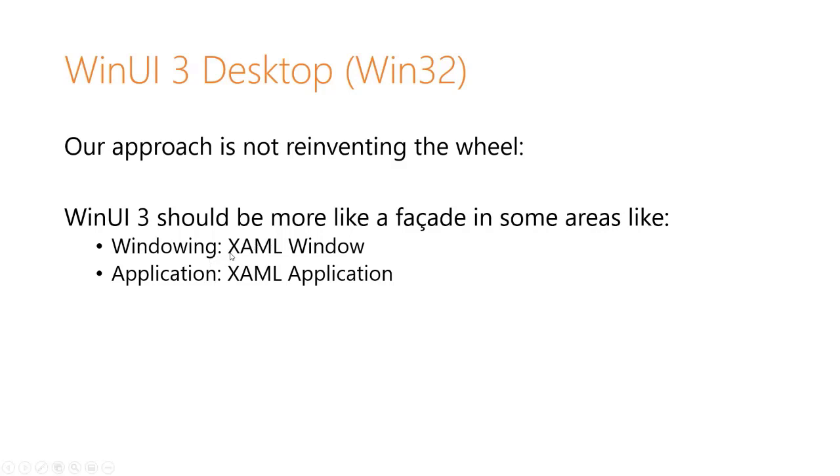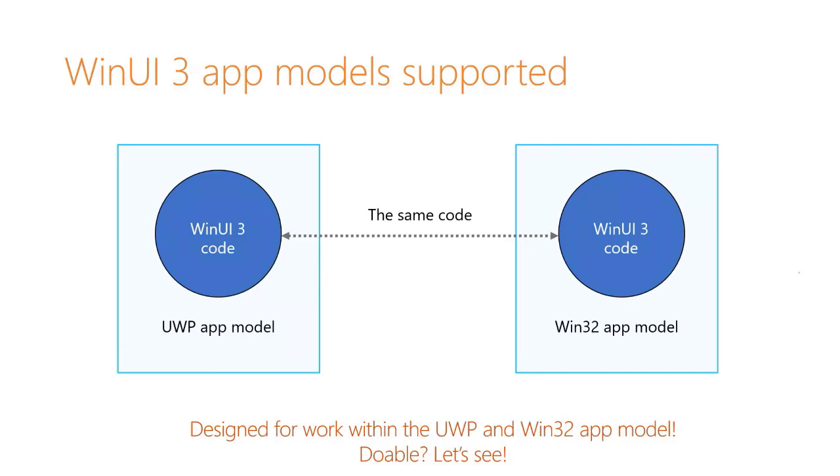So maybe we are still a work in progress. We will provide some top level objects like XAML Window and XAML Application to be able to provide you high level classes and write your code in a way that you do not care whether you are targeting a Win32 app model or a UWP app model. The goal is to be able to write the same code no matter on which platform we are running.